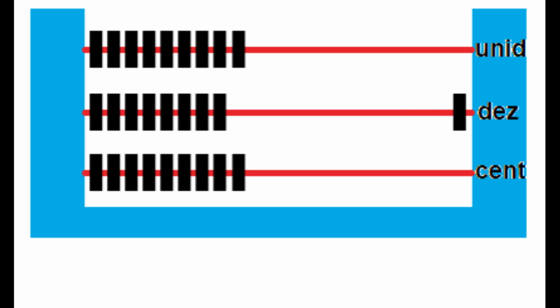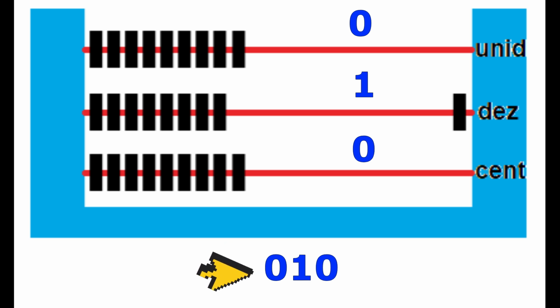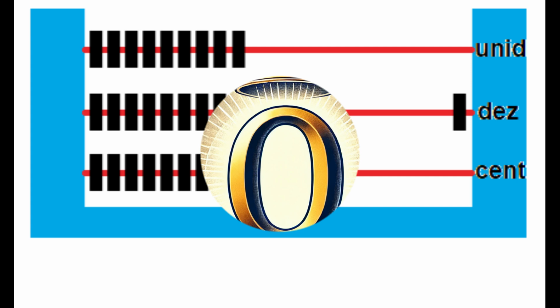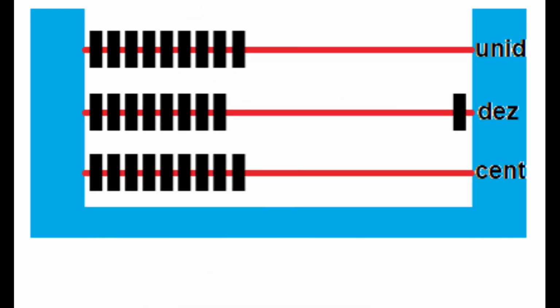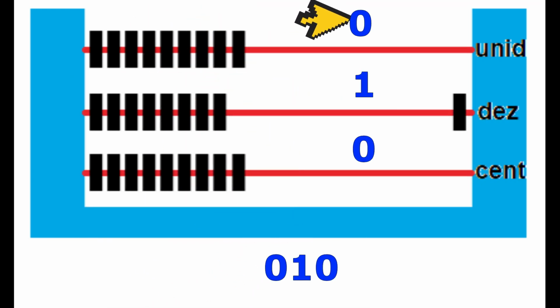The result is the number 10, which literally means 1 ten and 0 units. And here we encounter one of the most profound innovations in human history: the invention of the number 0. 0 allows us to signify that the unit's place is empty, while indicating that the tens place contains one element.